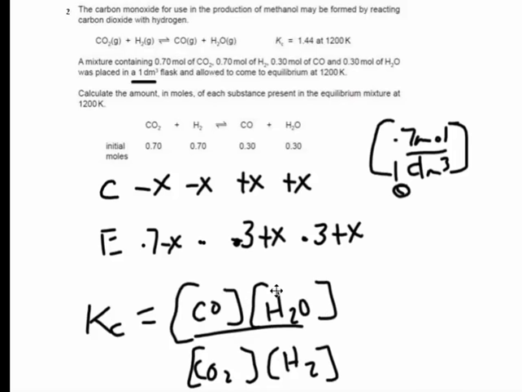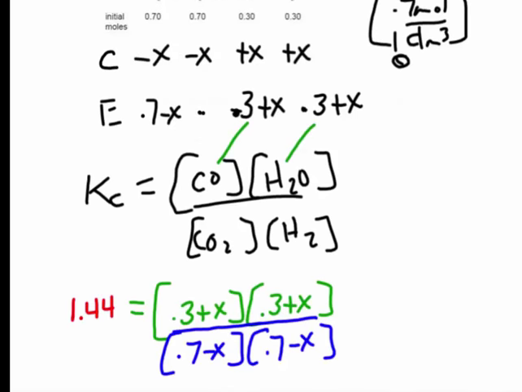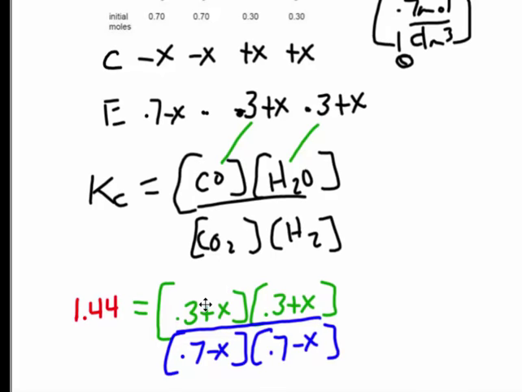And I can now go ahead and plug these numbers in. When I plug the numbers in, we can see here's our Kc value, 1.44, and we get that by plugging in our concentration of CO into CO, and concentration of H2O into the H2O.